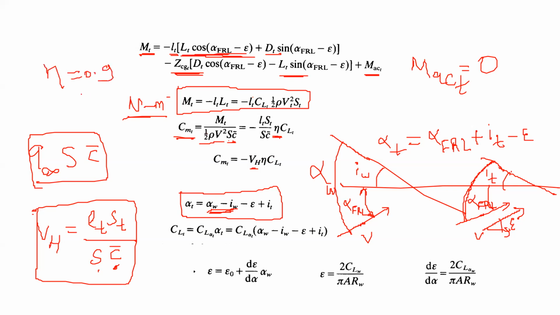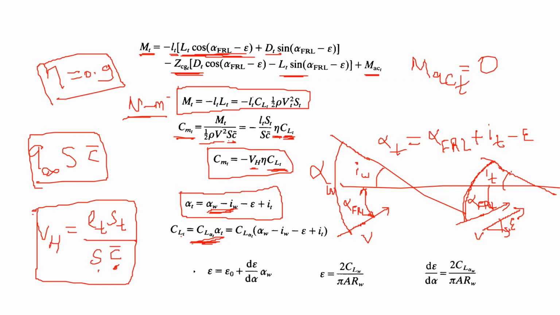It means the tail is experiencing 90% of the dynamic pressure at the wing. All right. So this is some sort of efficiency factor also included in this equation. And CLT is the lift coefficient for the tail. Now when you substitute VH here, this expression becomes very simple. And now we are also clear about the angle of attack. So we can write it in terms of slope, since we know that the airfoil is symmetric.